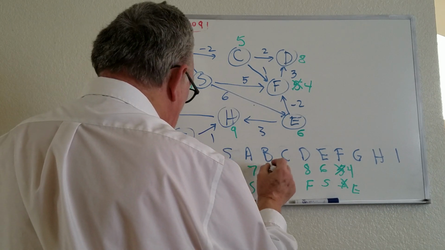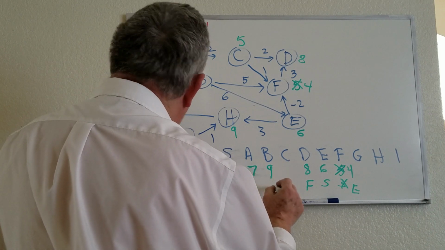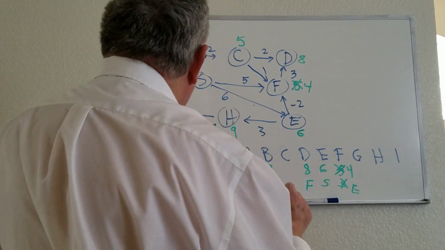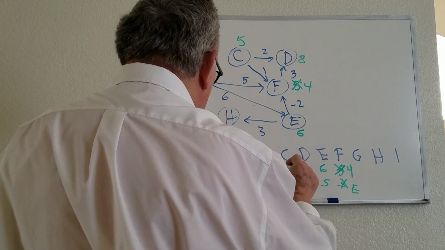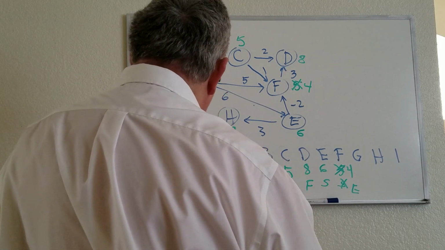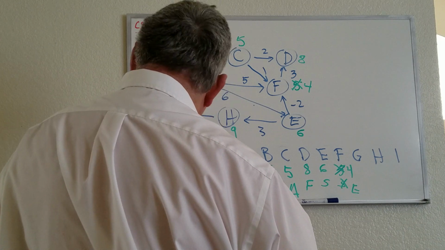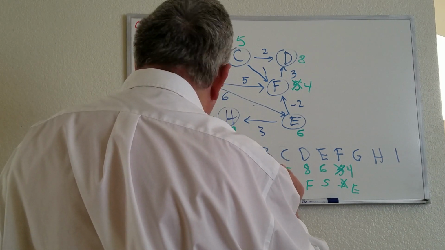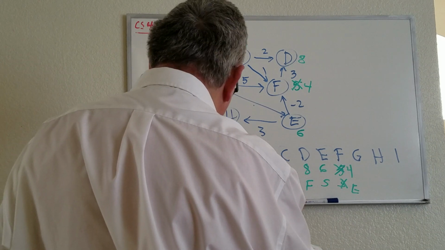And this gives you a back pointer of B. And what else did I get? For C, I got a 5 with a back pointer of A. And, wait, this B is 11 here, sorry. And the back pointer is A.